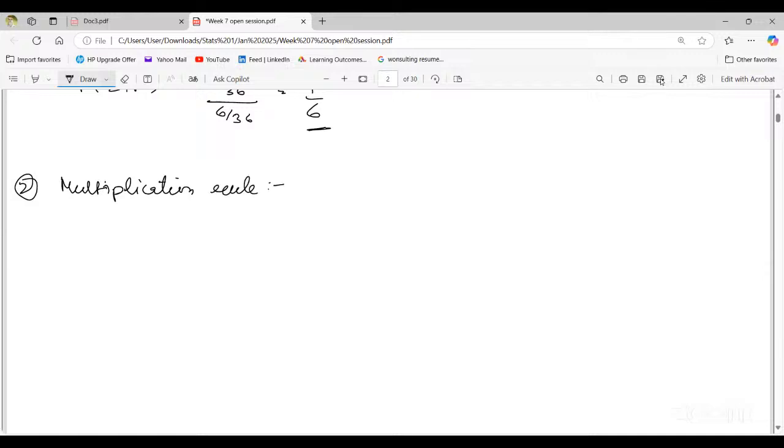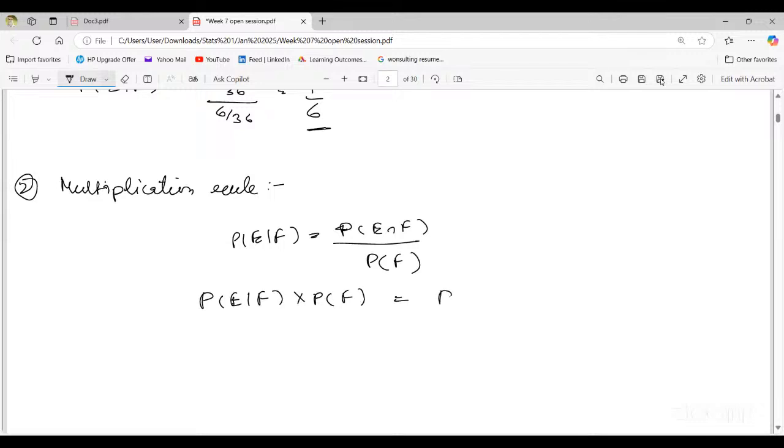Okay. So in conditional probability, we had probability of E given F equals probability of E intersection F divided by probability of F. Correct? Now, if I multiply both sides by probability of F, this will get cancelled.